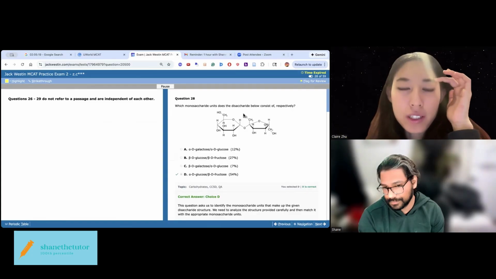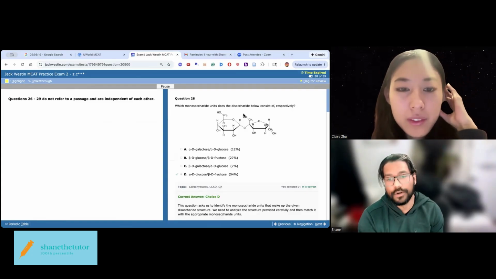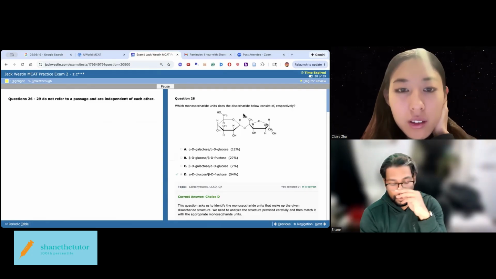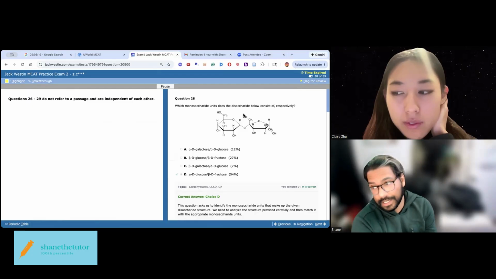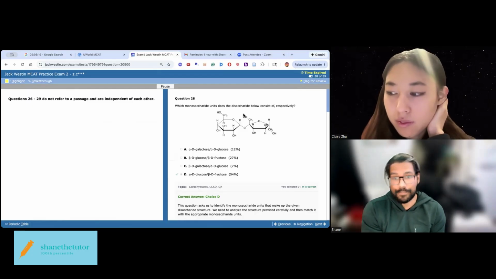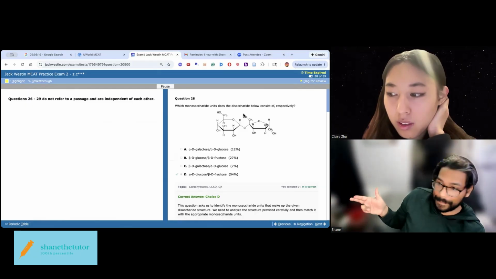That's where it differs at one chiral center. Correct. They expect you to know the C2 epimer, which is mannose, and you could think man with a gun.